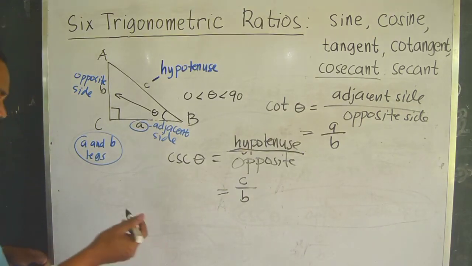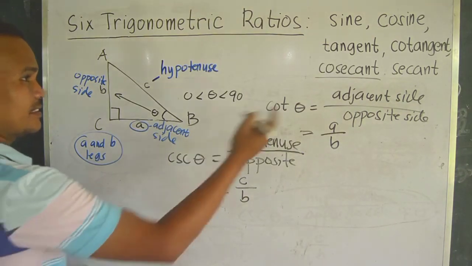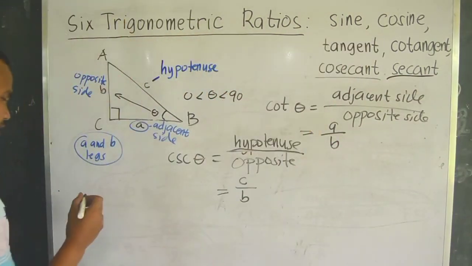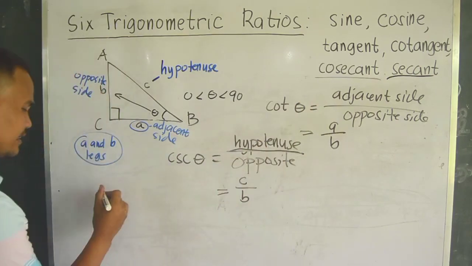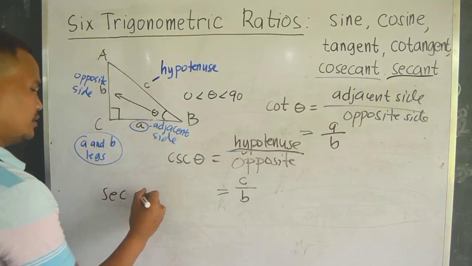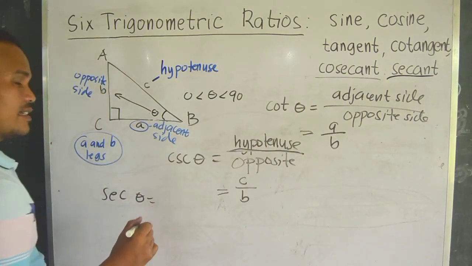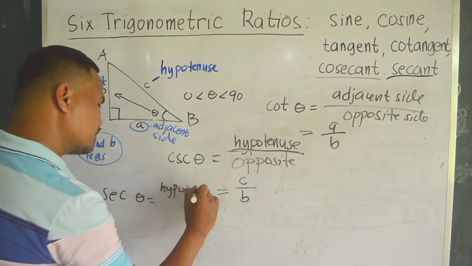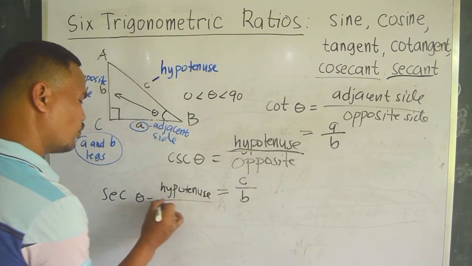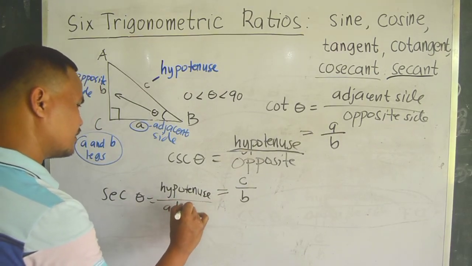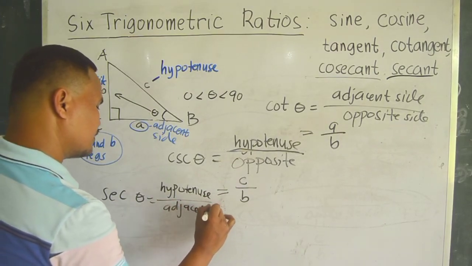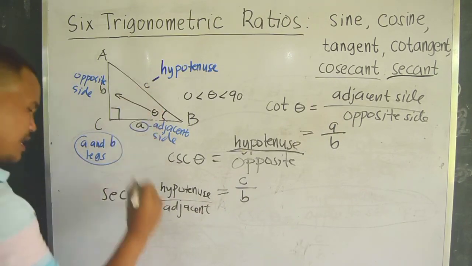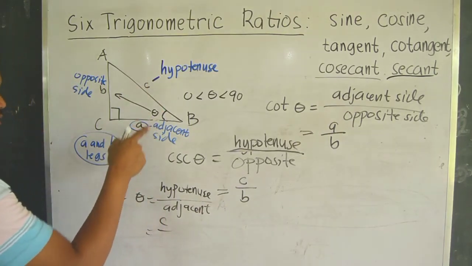For secant theta, secant is the reciprocal of cosine, and the abbreviation of secant is sec. So secant theta is hypotenuse over adjacent. The hypotenuse is C, over the adjacent of theta, which is A.